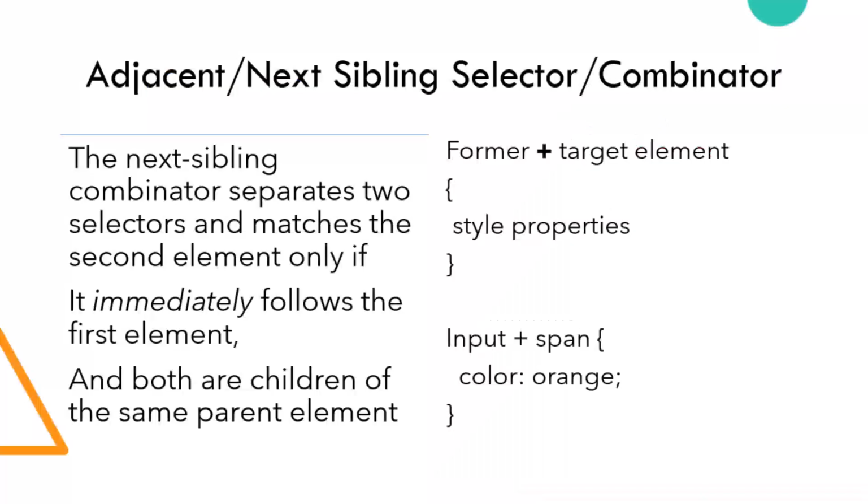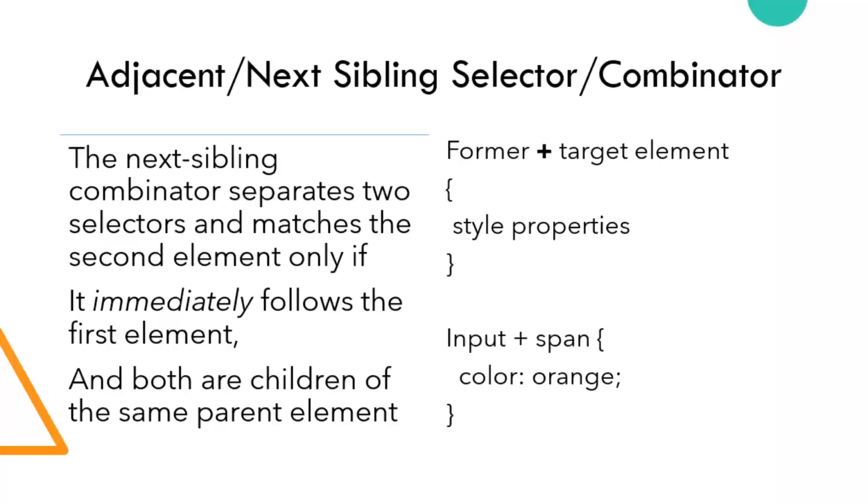So let's go over its formal definition before we go to Visual Studio Code. So the next sibling combinator, adjacent sibling combinator, there are multiple names, means the same thing. It separates two selectors and matches the second element only if it immediately follows the first element and both are children of the same parent element.